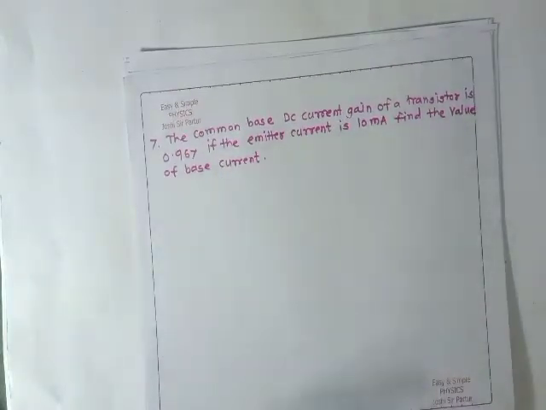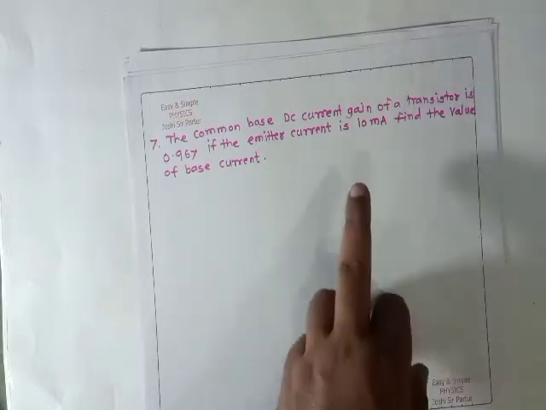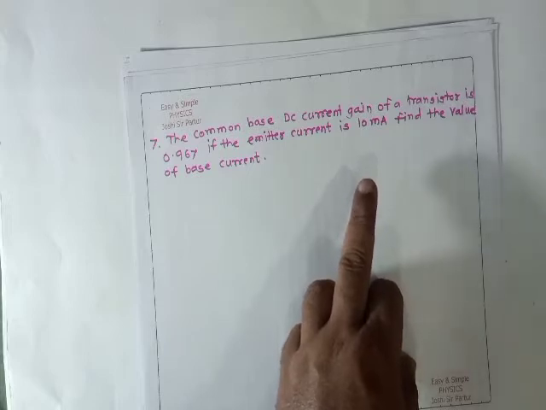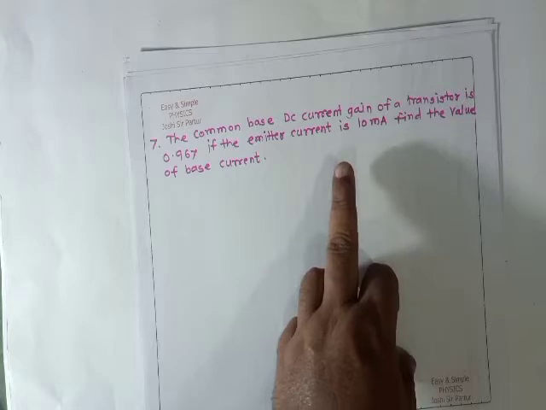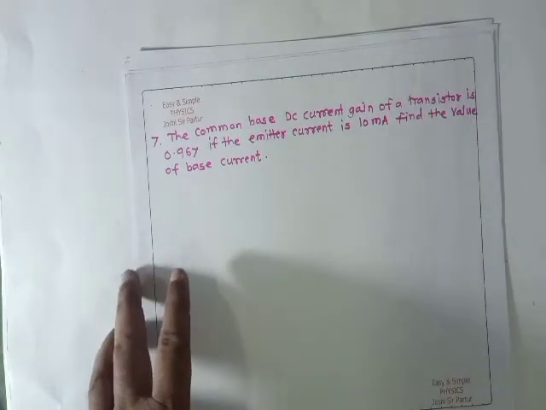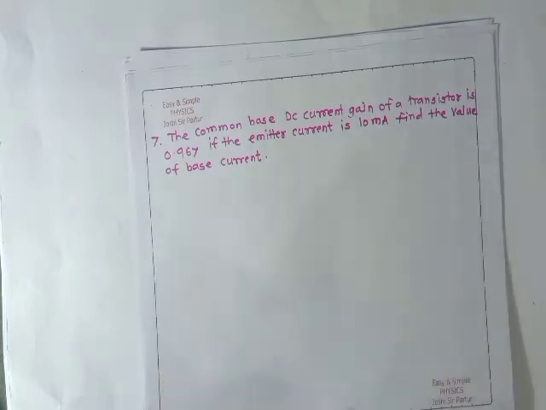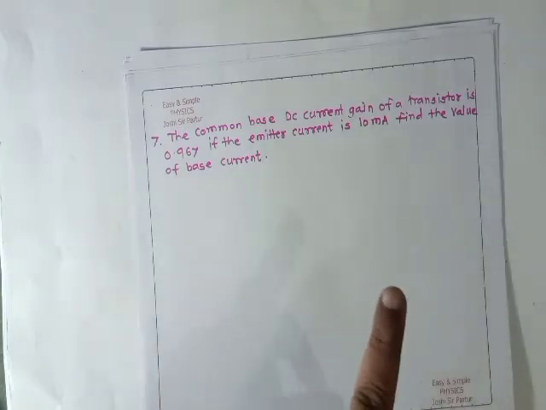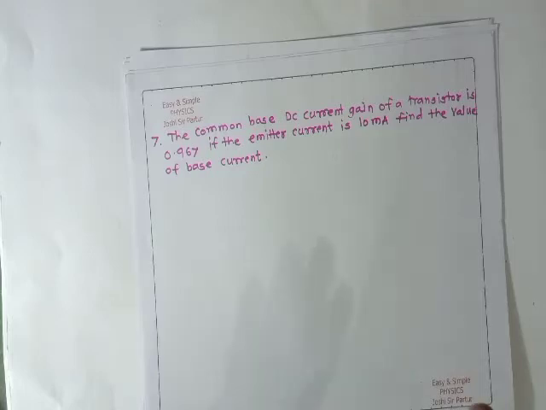In common base, the DC current gain of a transistor is 0.967. If the emitter current is 10 milliampere, find the base current.